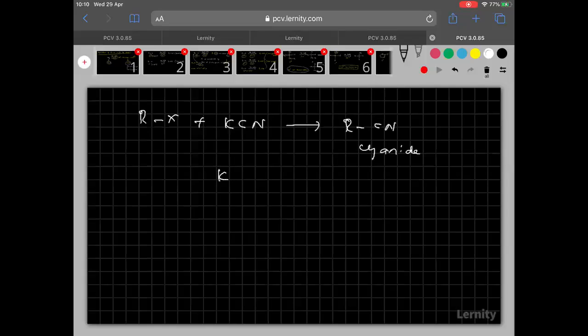So here K plus is formed and at the same time CN minus, but the negative charge will be on the carbon. Nitrogen carries only one lone pair, so electron density is more on the carbon. Therefore, carbon will attack on the R. As a result, we are getting cyanide by which mechanism? SN2 mechanism.